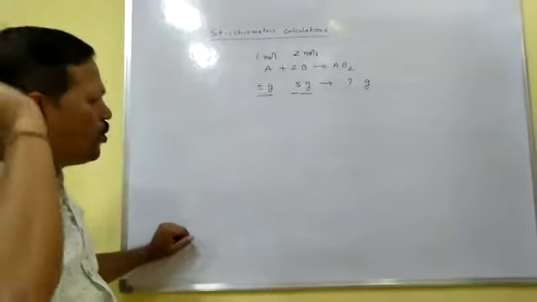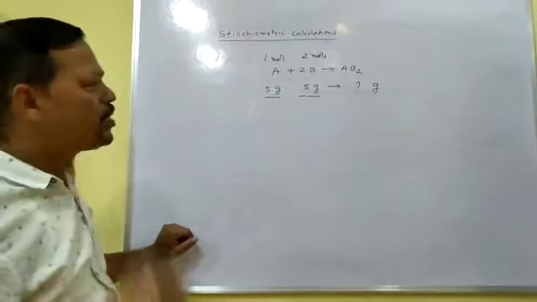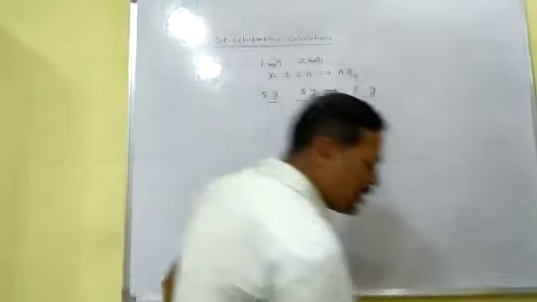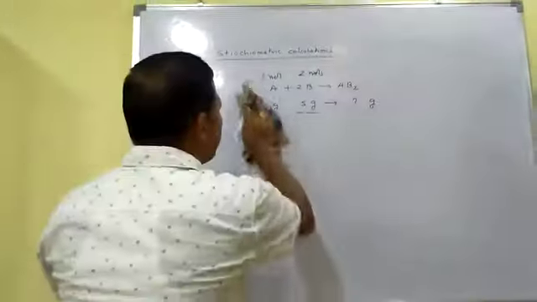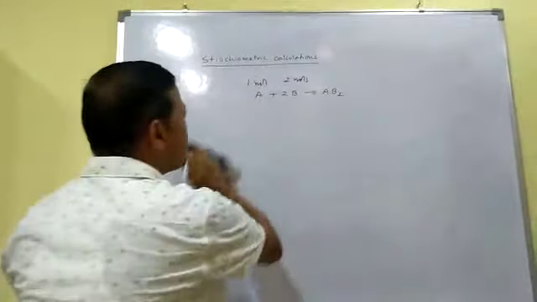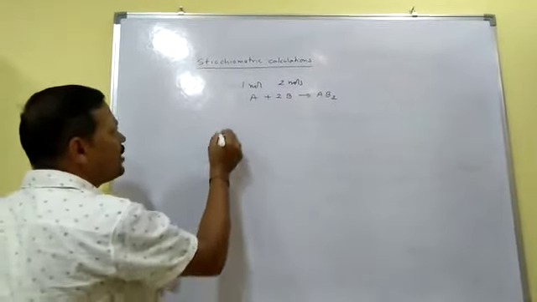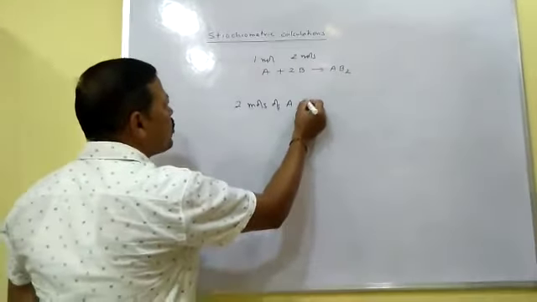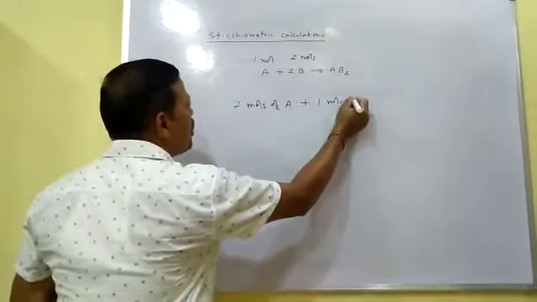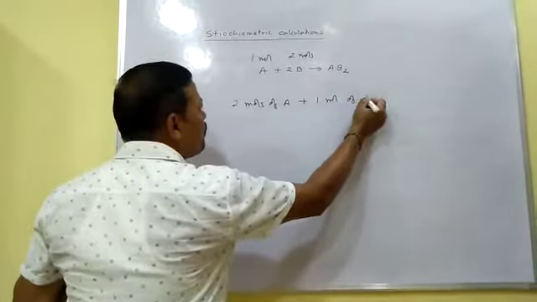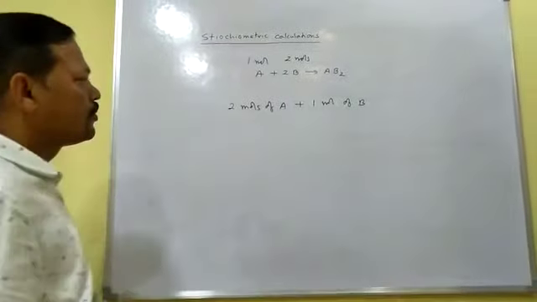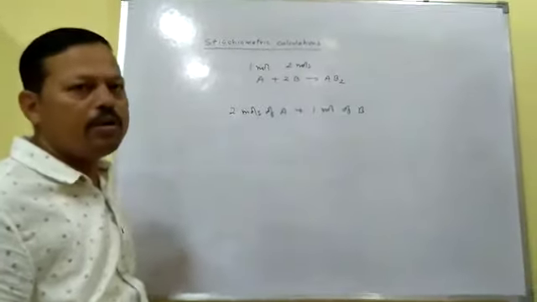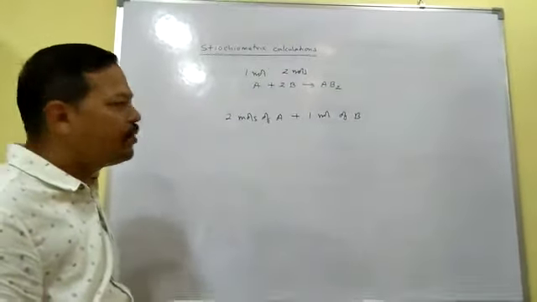Now I will give you some questions, from which you can find out who is limiting and who is excess. Suppose it is given like this: 2 moles of A combines with 1 mole of B. A is given 2 moles, B is given 1 mole. Can you tell me who is limiting?